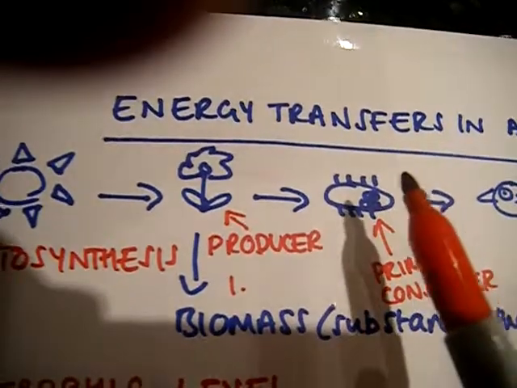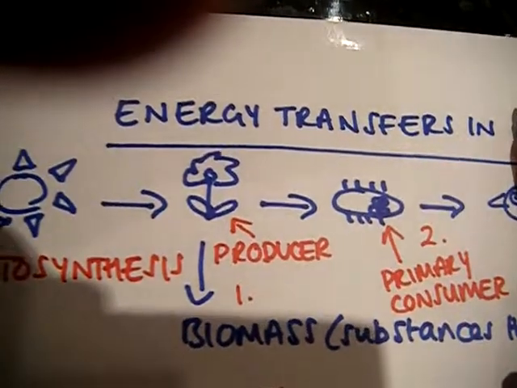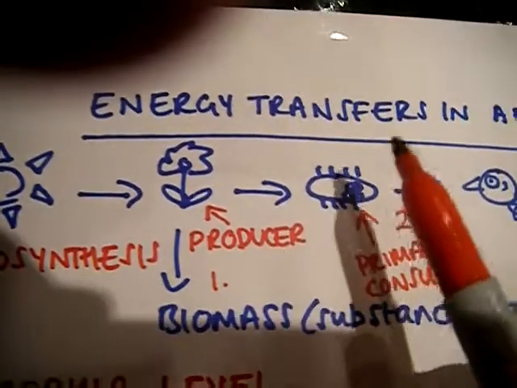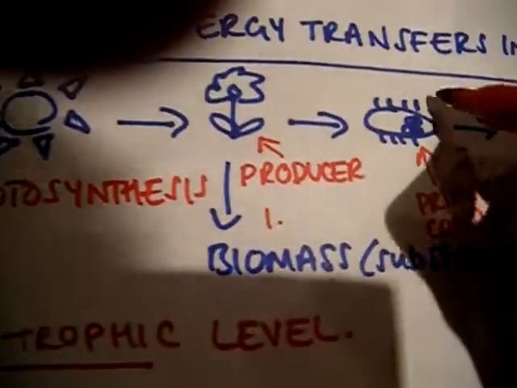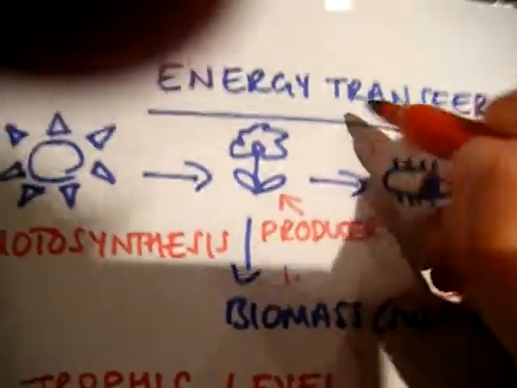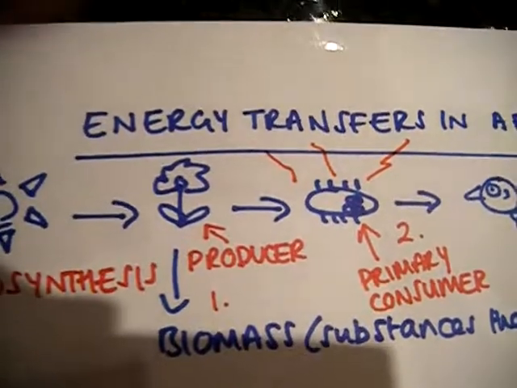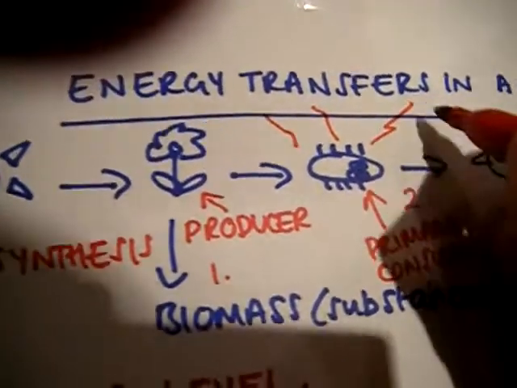But as this bug starts to move, it's going to produce heat, and this heat just goes off into the environment. So it's wasted energy, so I'll write that on.